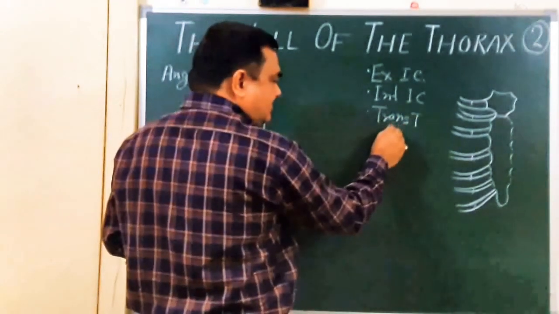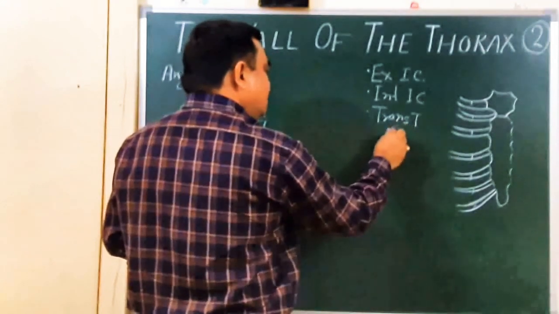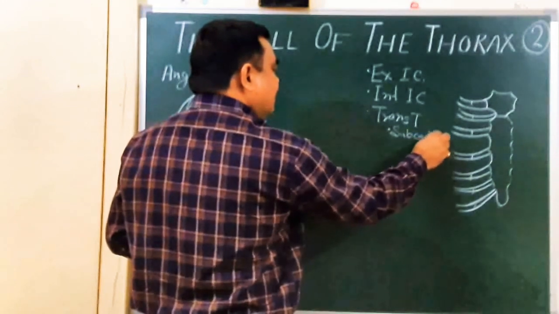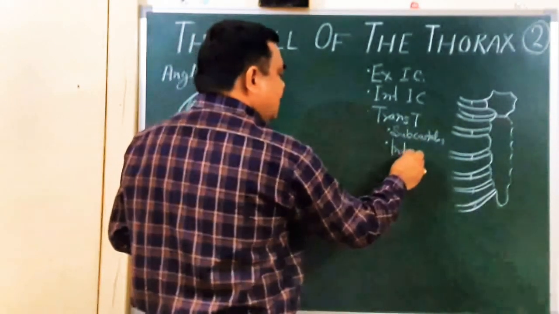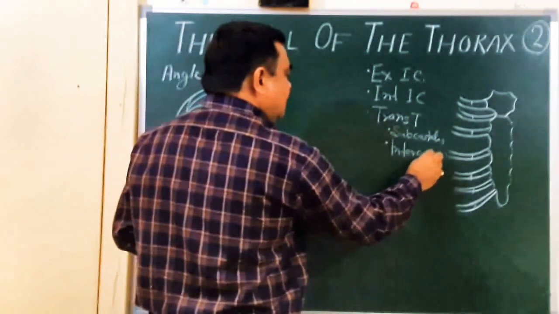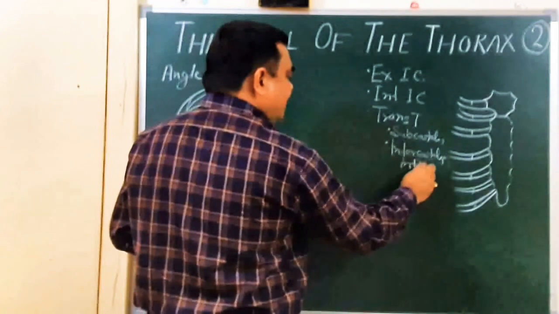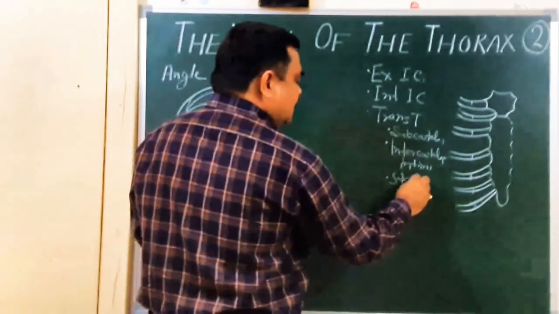This transverse thoracis includes 3 muscles: subcostalis, intercostalis intimi and sternocostalis.